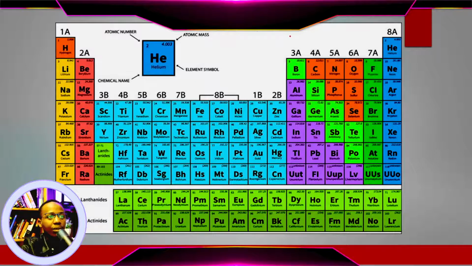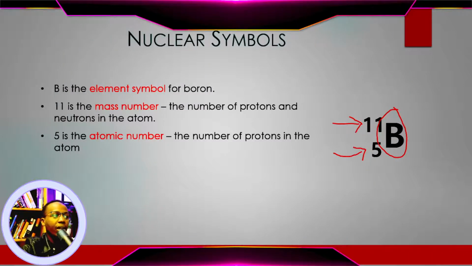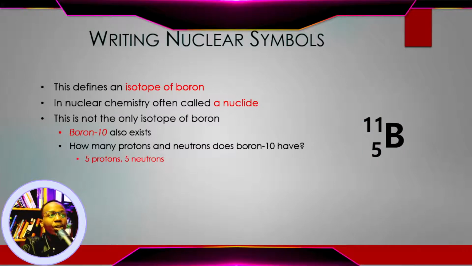Now, I want you to see something different. So here, boron has 11 as the mass number and 5 as the atomic number. But remember that when we talked about isotopes, we say that some isotopes of boron can have a different mass number.